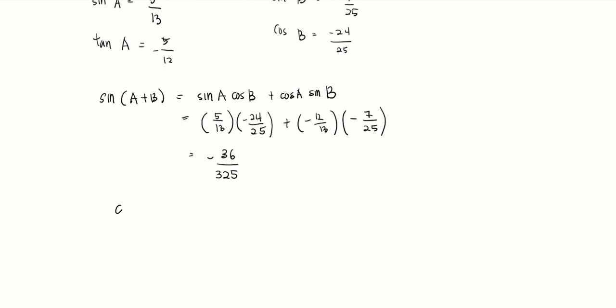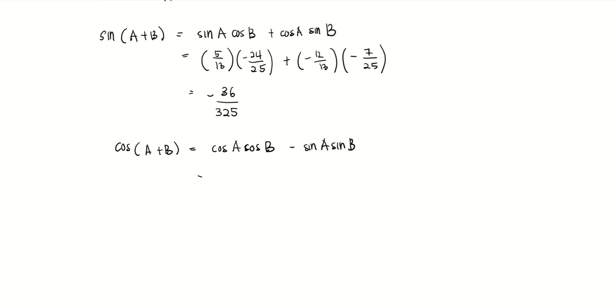Next we find cos A plus B. This is also a compound angle, so cos A plus B is cos A cos B minus sine A sine B. We can substitute the values: cos A is negative 12 over 13, cos B is negative 24 over 25, minus sine A, which is 5 over 13, times sine B, which is negative 7 over 25.